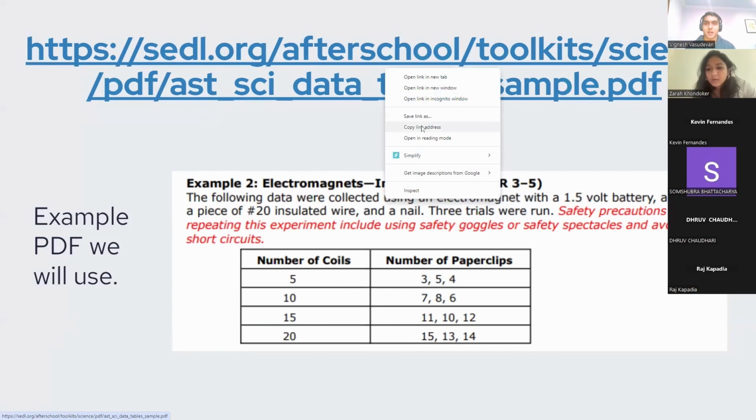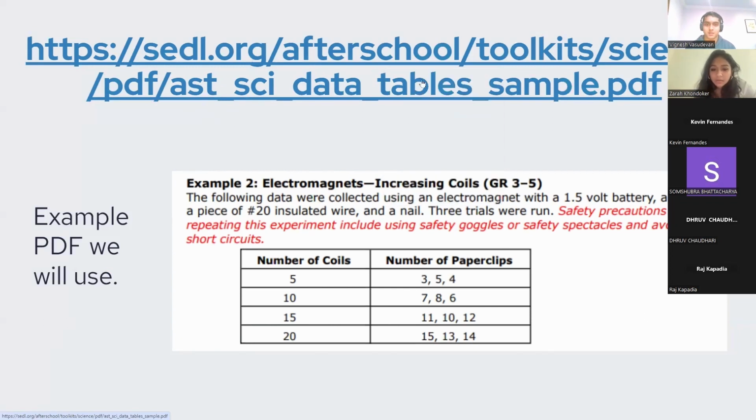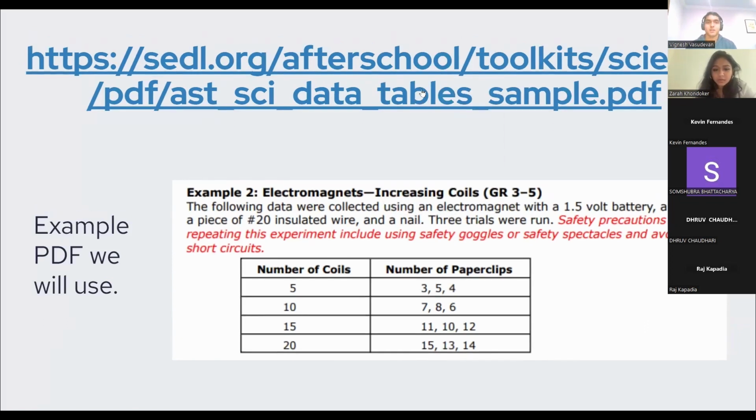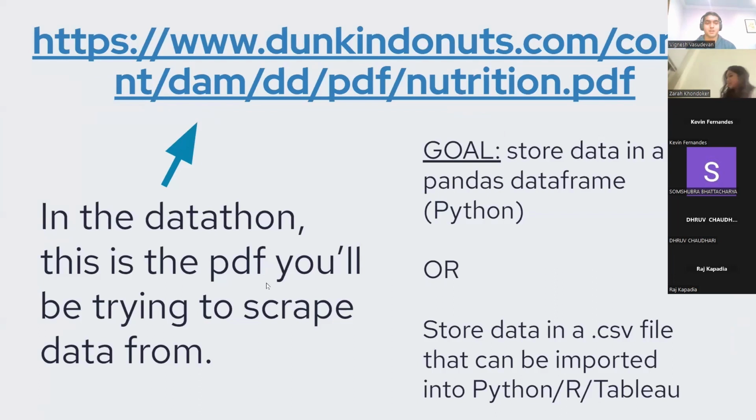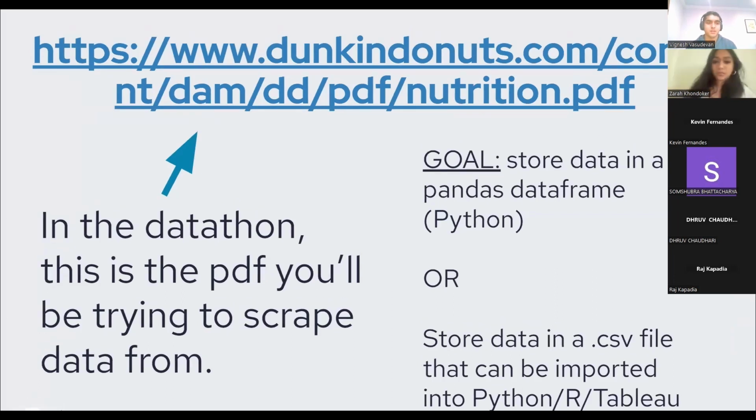I'm going to send this in the chat for everyone, and make sure to download that and move it into your folder. So I have a folder, it's in my Python, and it's called Reading PDFs. It doesn't matter what folder it is. It could just be anything.